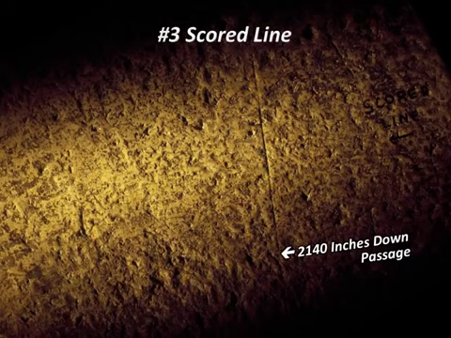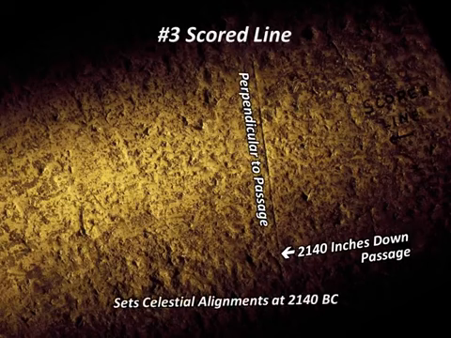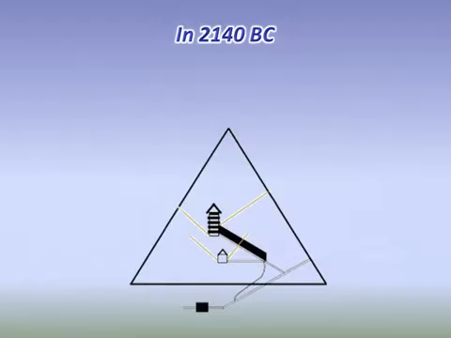Because remember, we use pyramid inches to do the measurements. So if we go 2,140 pyramid inches down the descending passage, on each wall there is a scored line, and it's perpendicular to that passage. That helps us set the celestial alignments in 2140 BC. The descending passage, that way of death, pointed to Alpha Draconis, the dragon.